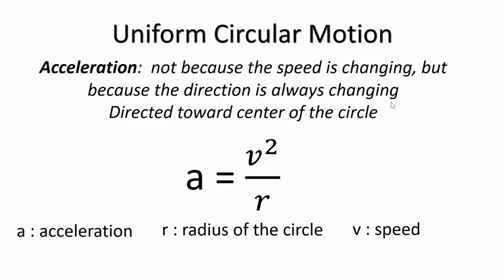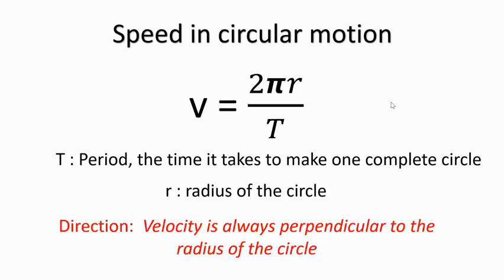Acceleration. Okay, so you might ask, how can you possibly have acceleration if the velocity is not increasing or decreasing? The reason you have acceleration is not because it's speeding up or slowing down, but because it's changing direction. And changing direction means it's changing velocity, even though the number itself is not changing.